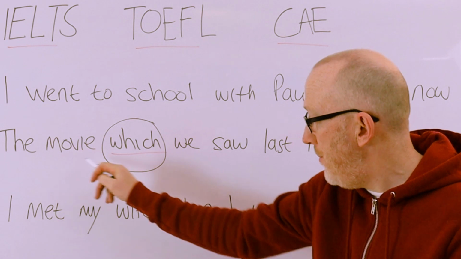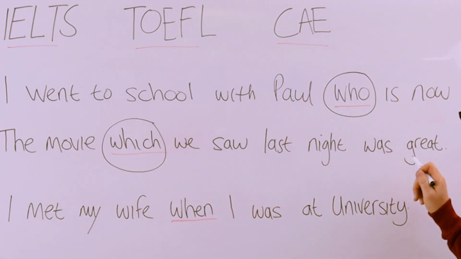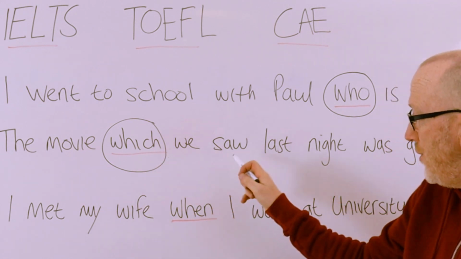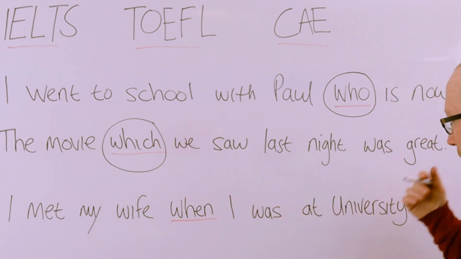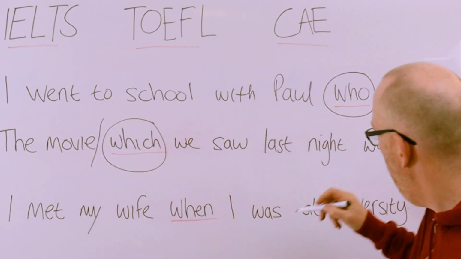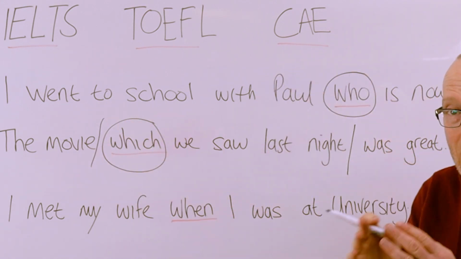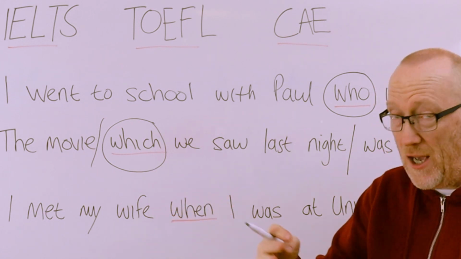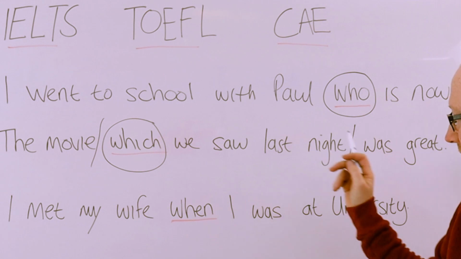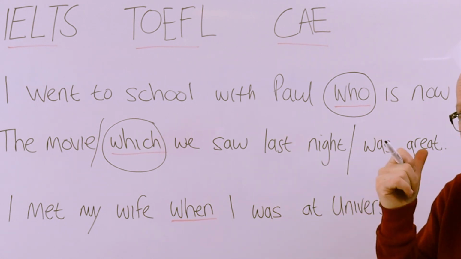For example, the movie was great. But which movie was great? Well, the movie which we saw last night was great. So this is helping us to provide more information, to make our sentences longer and provide more details.